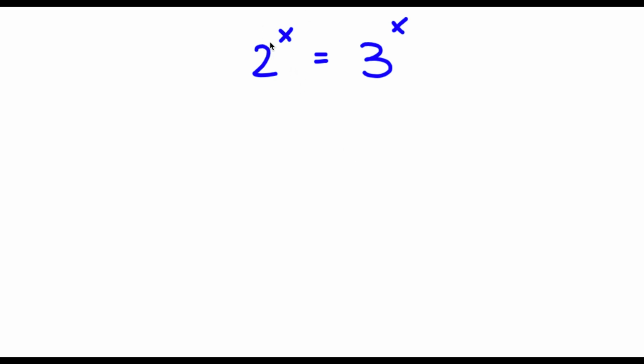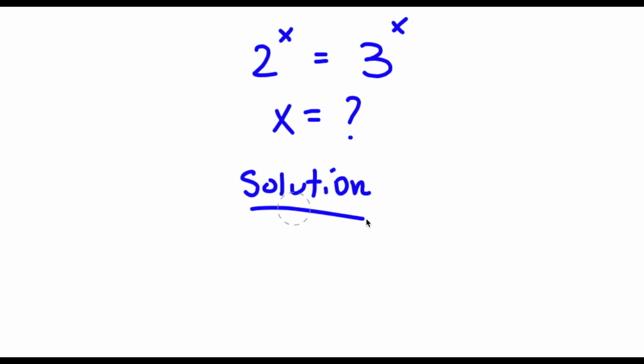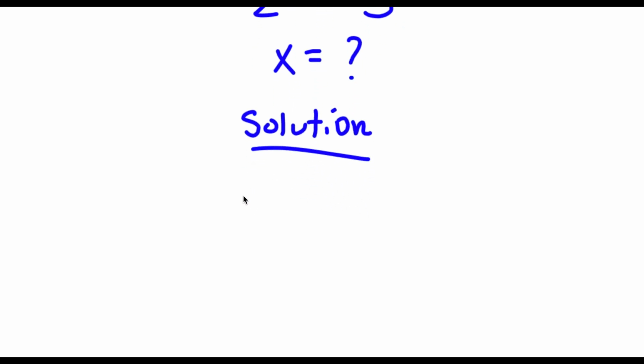Alright, so I have 2 to the power of x is equal to 3 to the power of x. So now I want to find the value of x. So for my solution here, first start with 2 to the power of x is equal to 3 to the power of x.